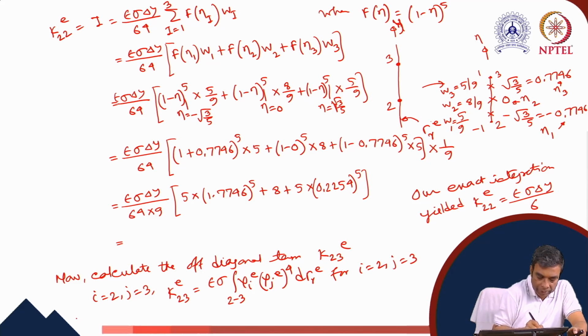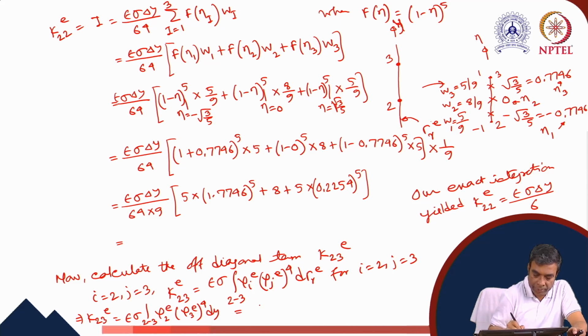So this gives us K23E equals to epsilon sigma into integration along the path 2, 3. So we have psi 2e into psi 3e to the power 4 into dy.